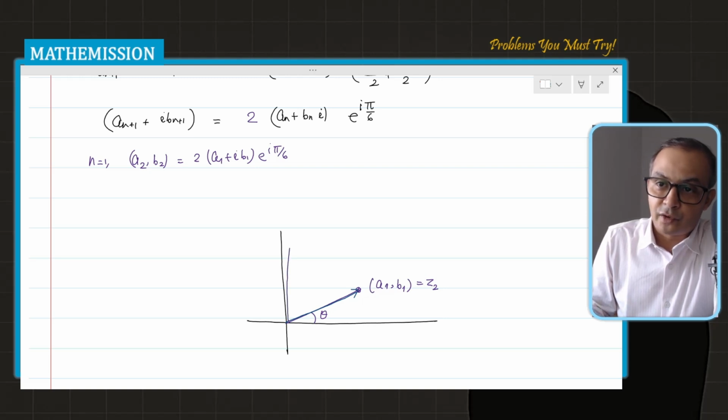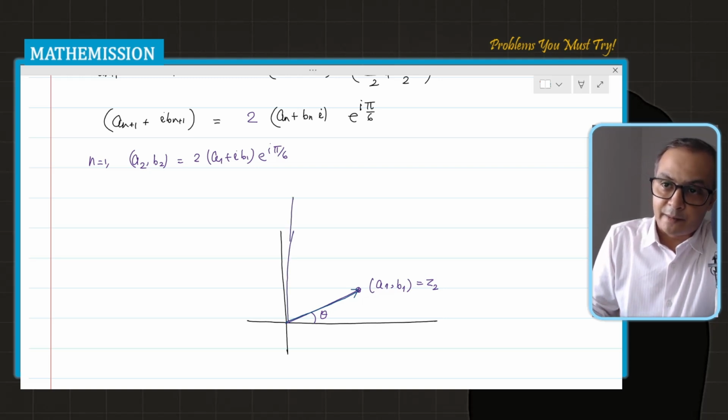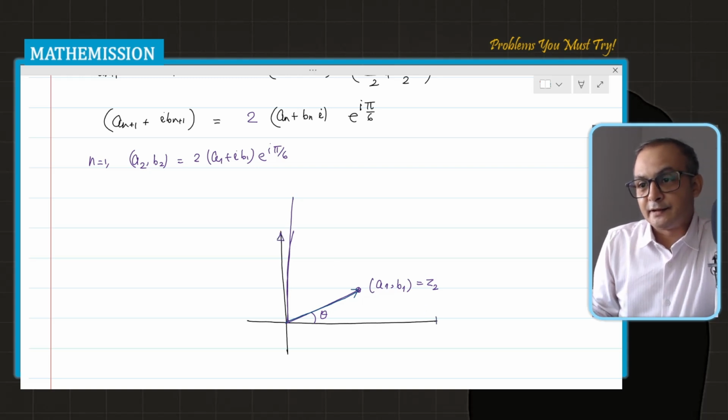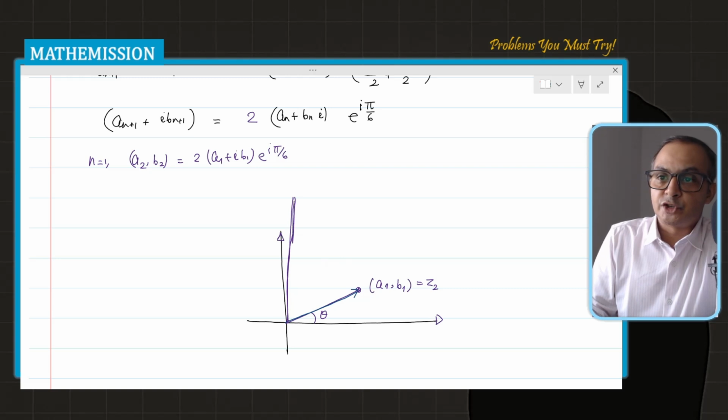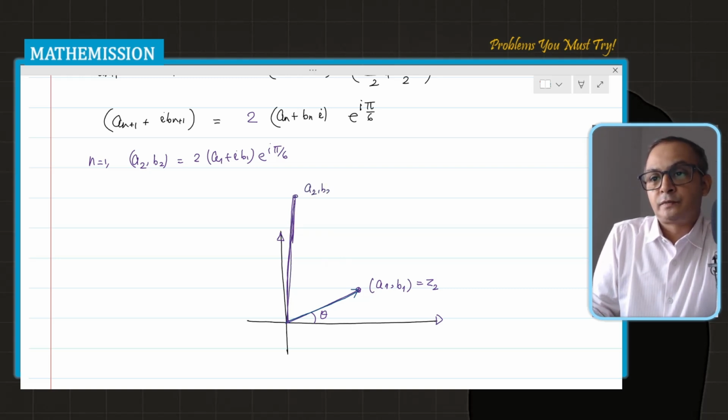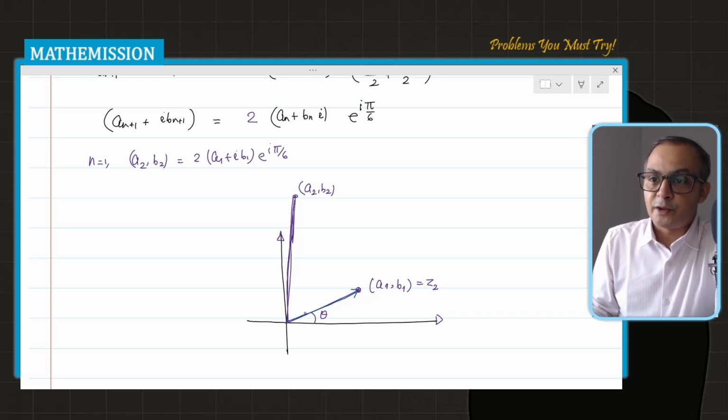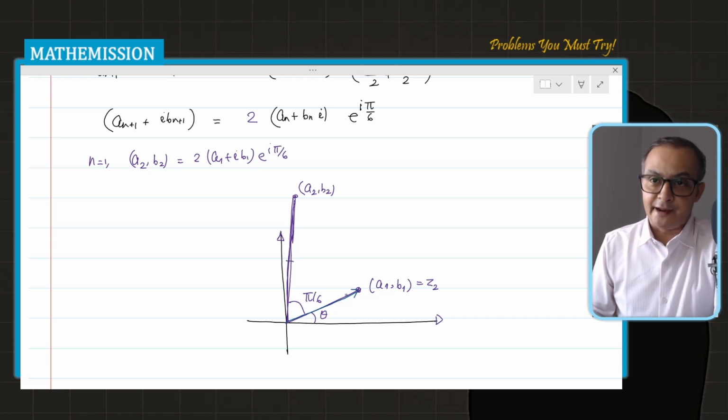I don't know exactly how it will look, but I'm sure that schematically it is like this. So this is the position of a2, b2, and it is pi by 6 away from the original position, and also twofold scaled.